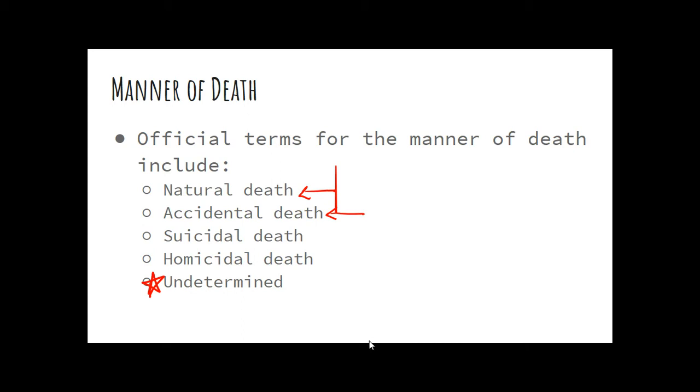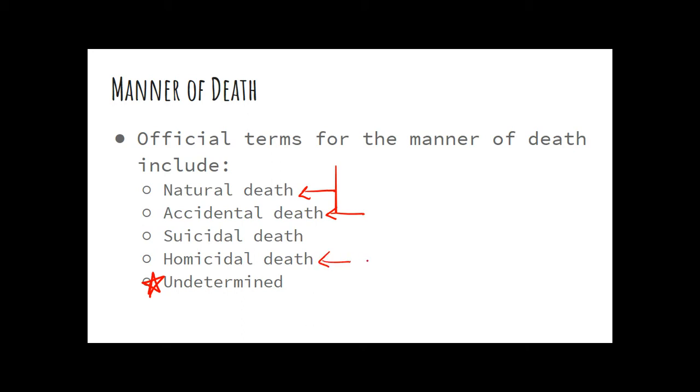They would also do an autopsy if it's a very young person or a child, or if it is a homicide. For suicides, usually only if it's suspicious would they do an autopsy. If there was no cause for questioning that, they would just go on with their ruling of what the manner of death was.